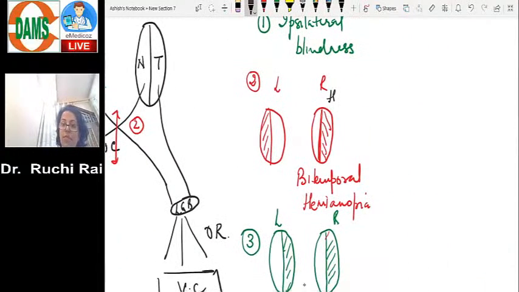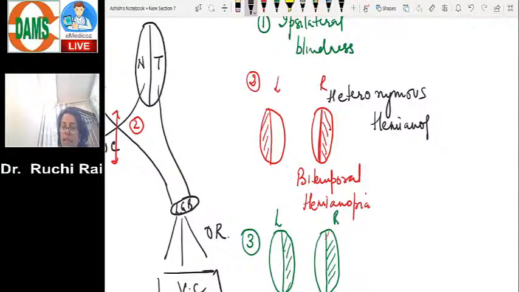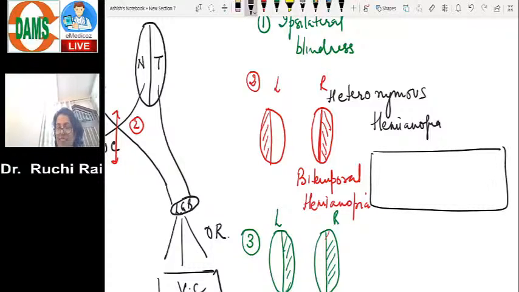So chiasmal lesions are heteronymous hemianopia, right? Very important, you can note this in a box. I generally ask you all to make boxes for all the important concepts that we mention.